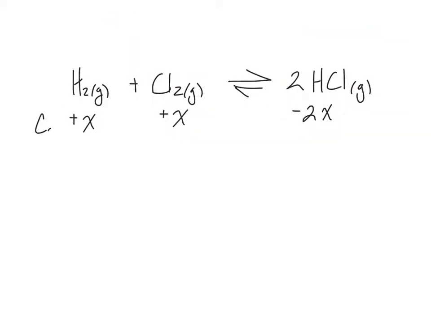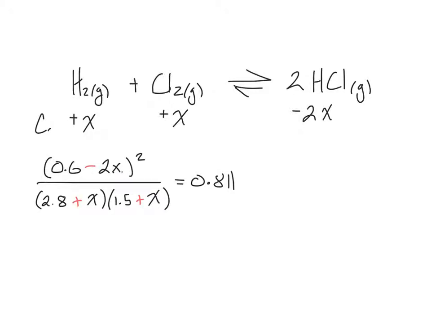Let's go back to our table of initial, change, and equilibrium and think about what would have happened if we had decided to have the change variable be positive x, or positive for the reactants and negative for the products. That would have changed the sign in our law of mass action, and so it would have looked like this.